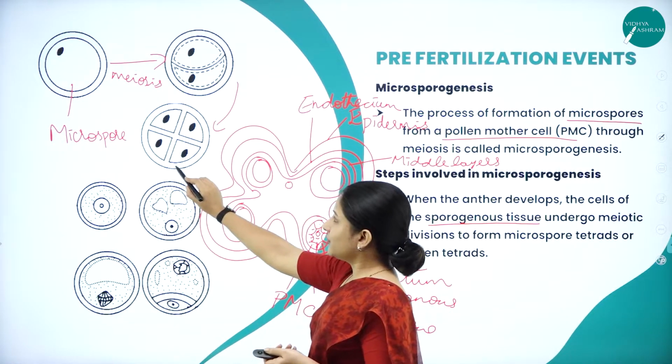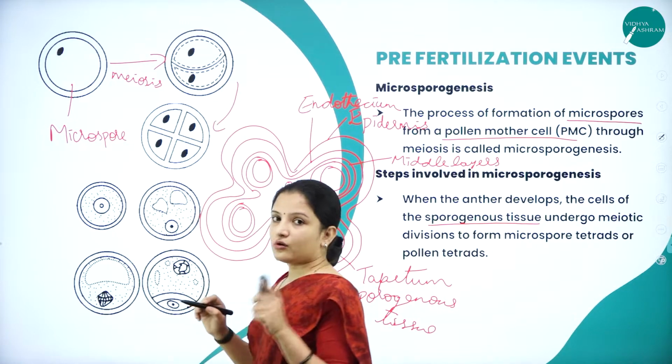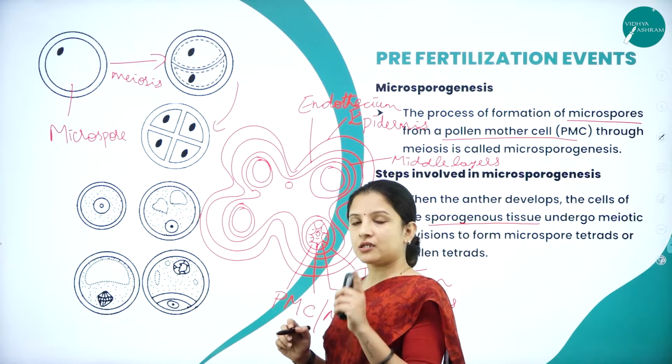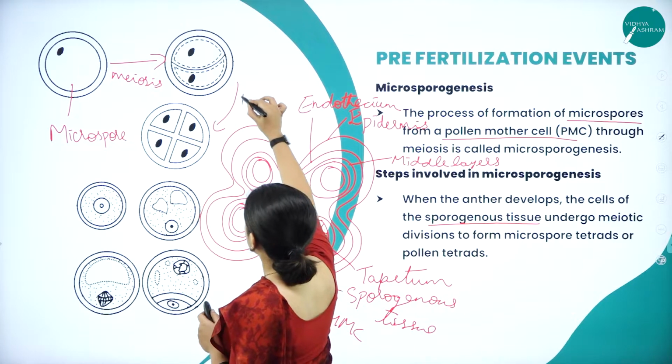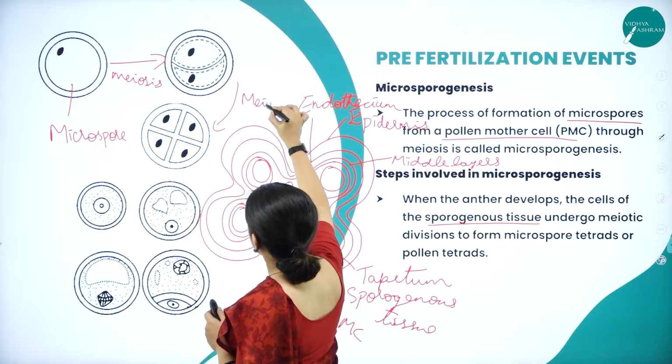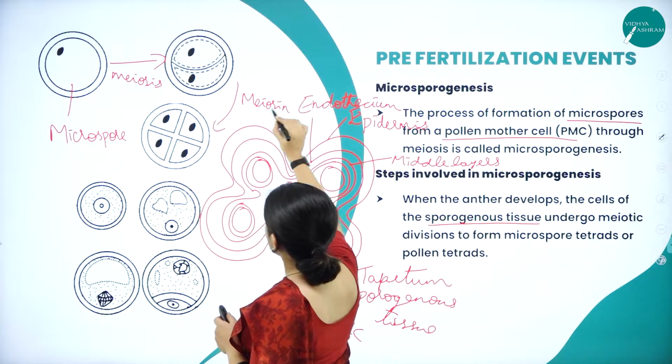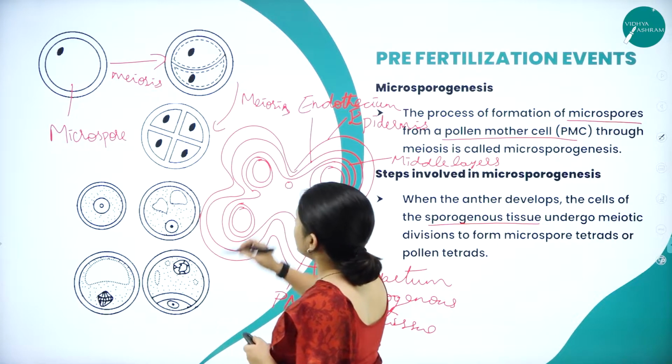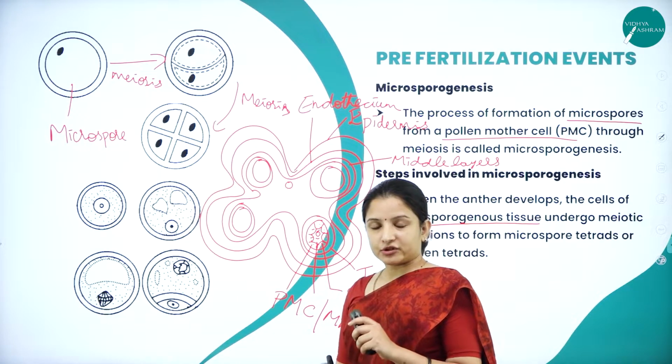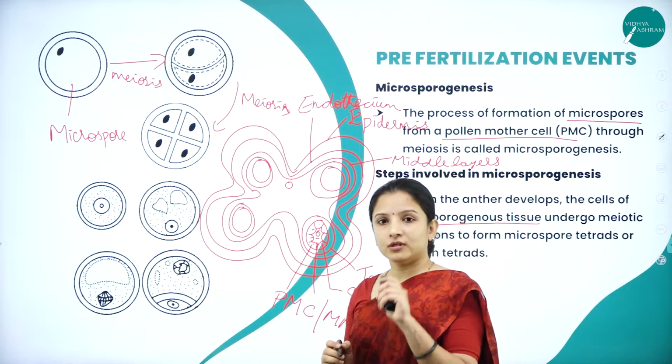So this is the pollen tetrad. First they undergo the first round of meiotic division, and again a second round of meiotic division, and they form the microspore tetrad or the pollen tetrad.